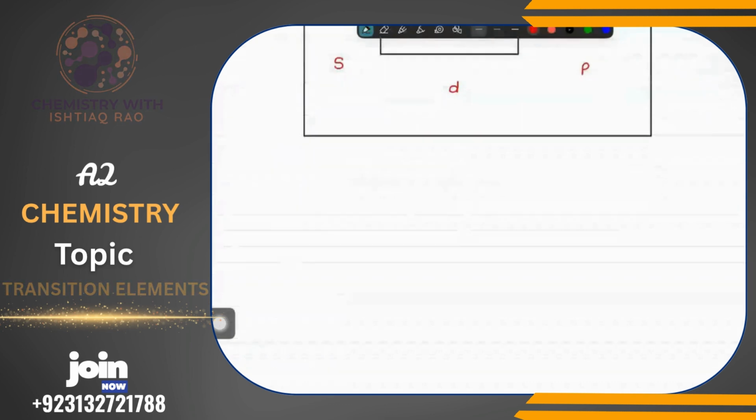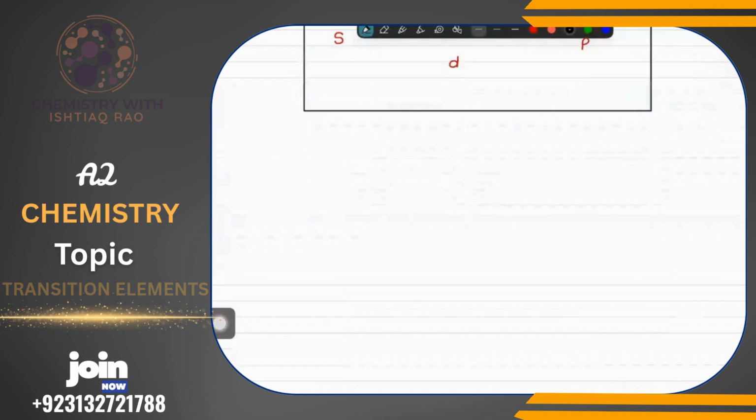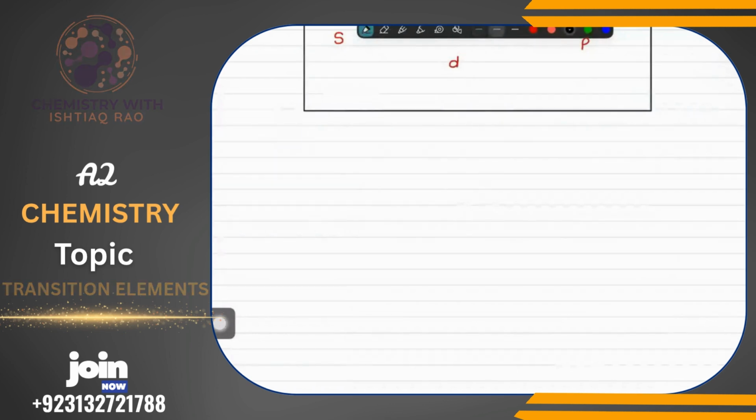First of all, let me tell you about the D block elements. What is a D block element? Let's suppose I tell you the proton number of an element is 21.